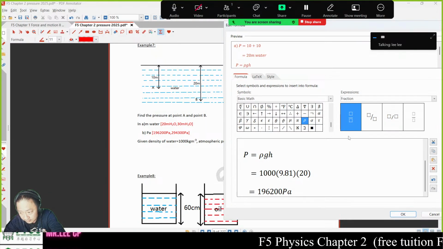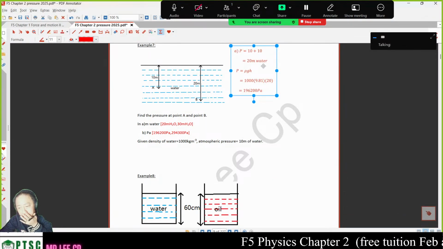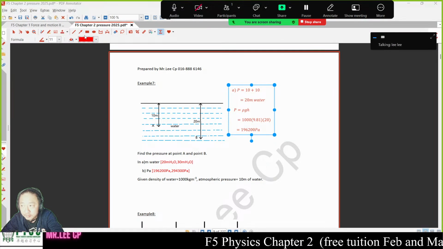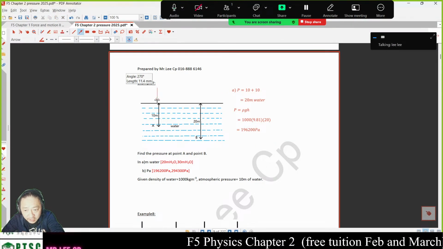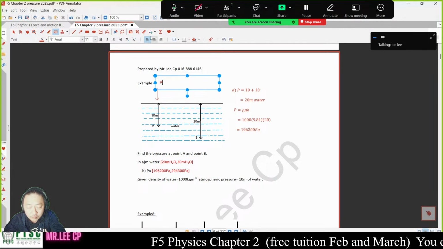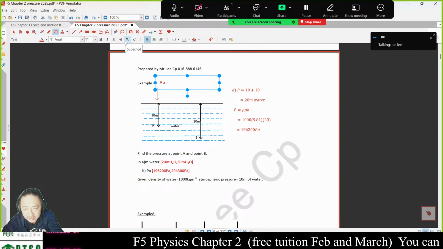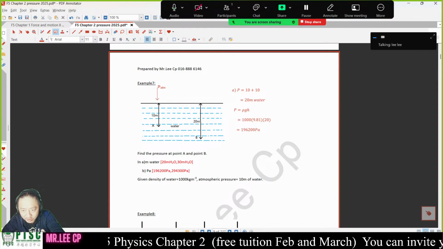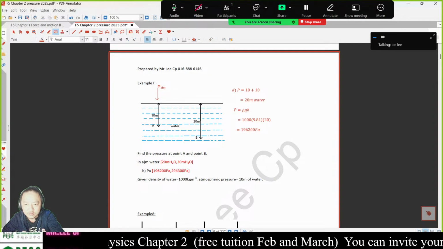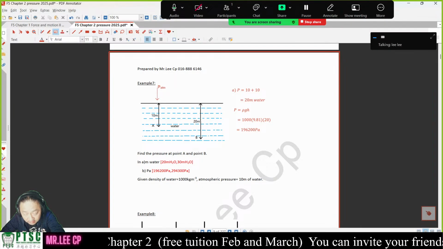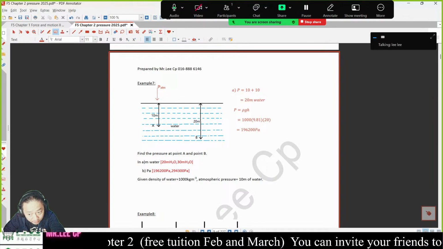Pascal. Because here there is atmospheric pressure, I will add in P. Normally I write atmospheric pressure as ATM. Here 10, here 10, so altogether 20. Find pressure at point A.